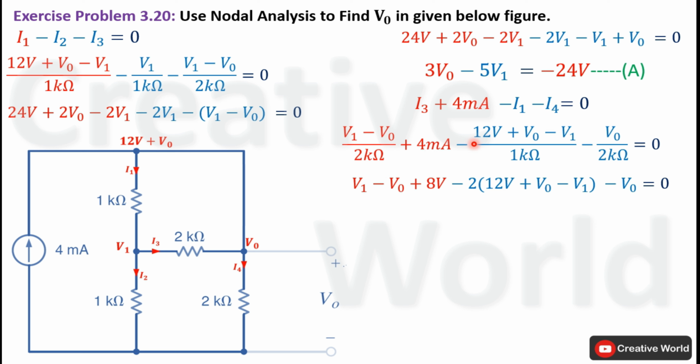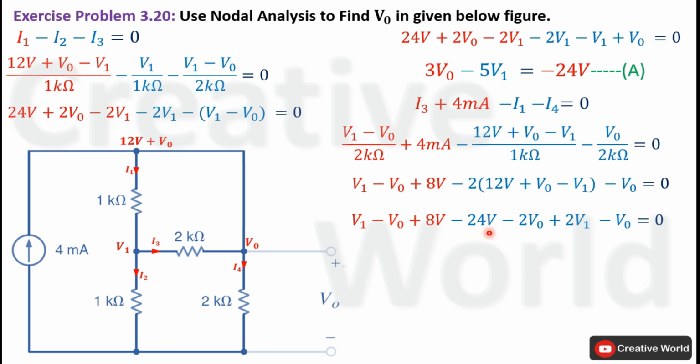Here product of 2 kilo ohm and 1 kilo ohm in denominator will cancel out with each other, only 2 will be left, and that 2 will multiply with 12 volt plus V0 minus V1. Here product of 2 kilo ohm and 2 kilo ohm in denominator will cancel out with each other, only V0 will be left. Now open these brackets, minus 2 will multiply with values inside the brackets. It will become minus 24 volt minus 2V0 plus 2V1.